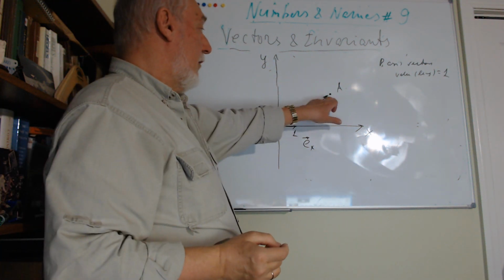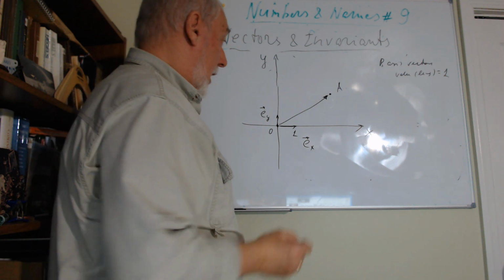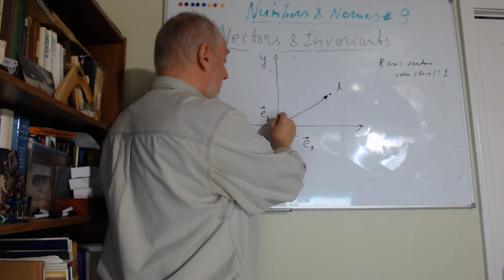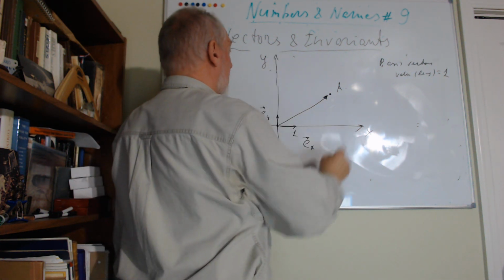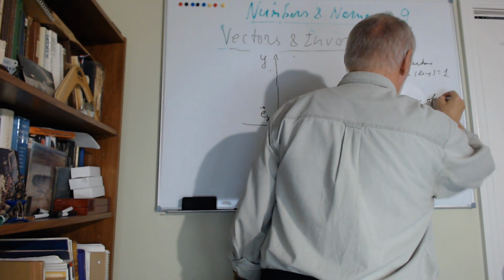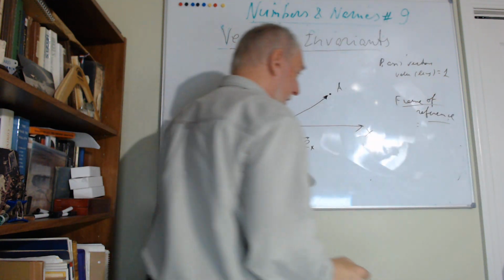Now if you have this vector, how can you define it through these basis vectors? Those axes are called the frame of reference. It's a very important definition.